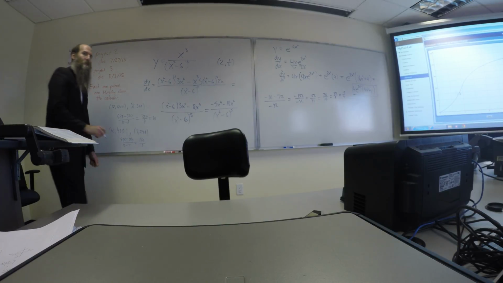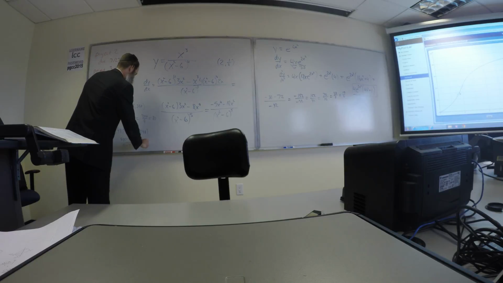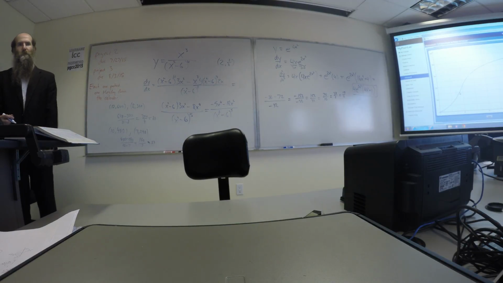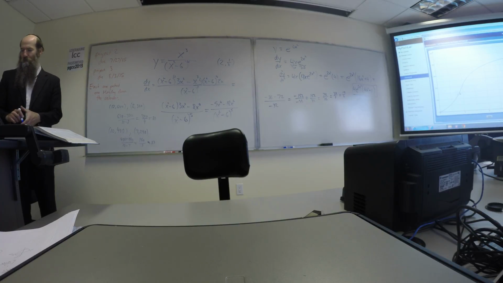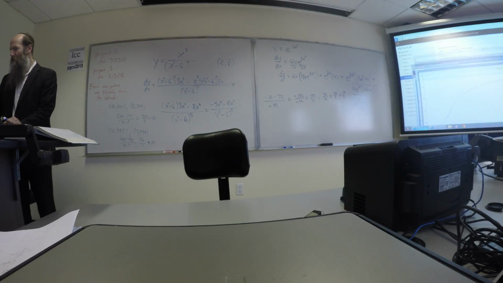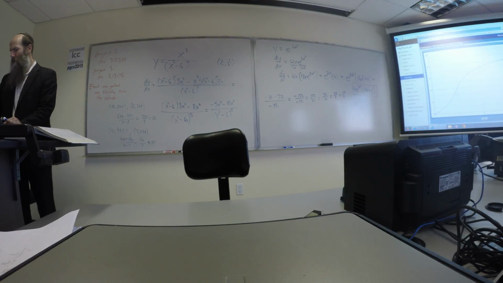What'd you get? 53.33333. Those are options. What were the options in the little slot here? I think it was like 60, 80, 120, something else.